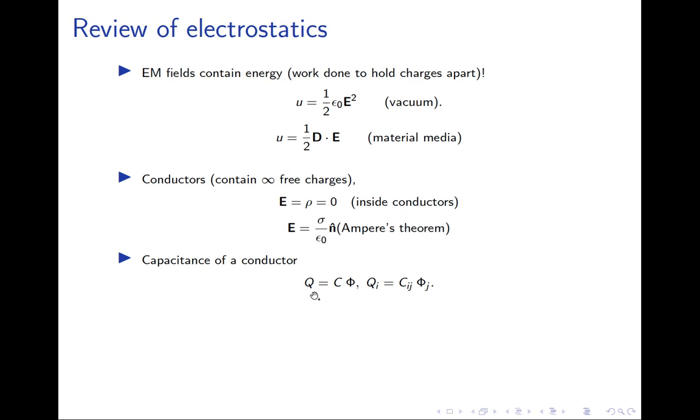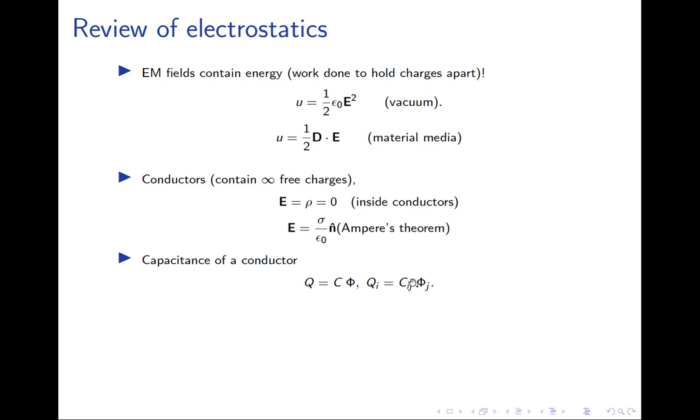We had one conductor, so the charge on the first conductor is equal to C times the potential of the first conductor. Here we have a slightly different equation. As you can see, this is a linear sum because j is a repeated index, so it's being summed over all j.